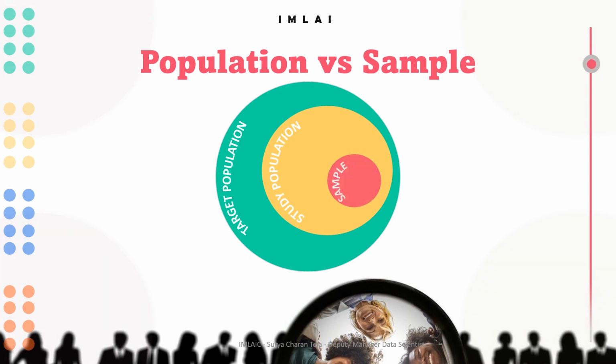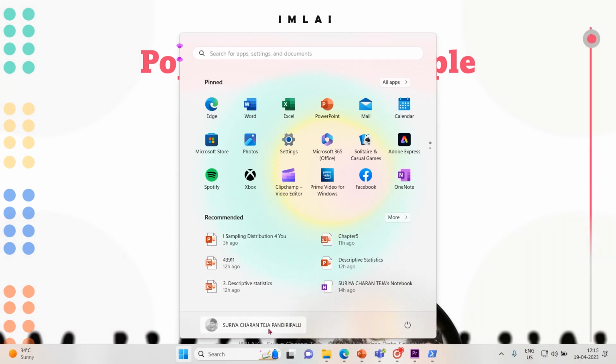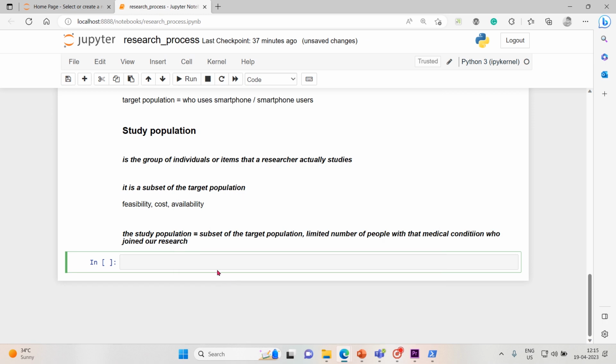Next we have sampling. I think most people know about sampling. Sampling is the process of selecting a subset of individuals or items from a larger population for the purpose of making inferences. That's what sampling is, pretty straightforward.